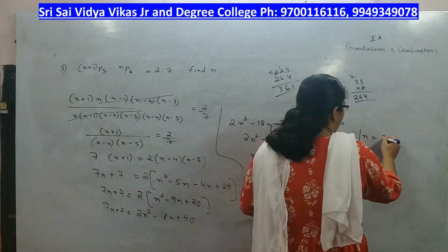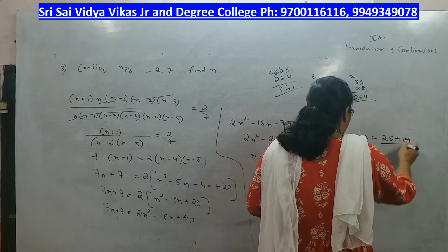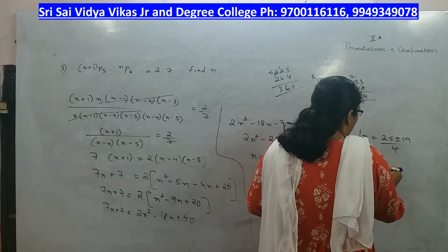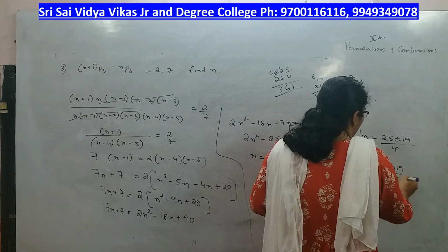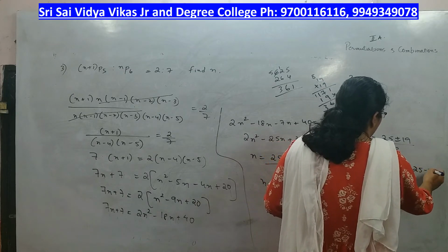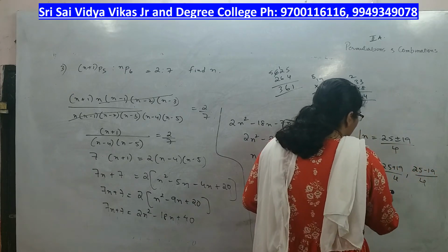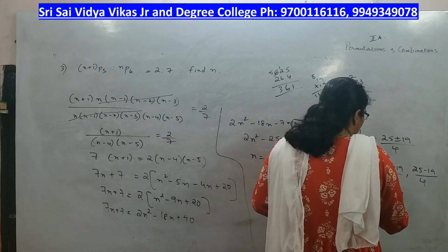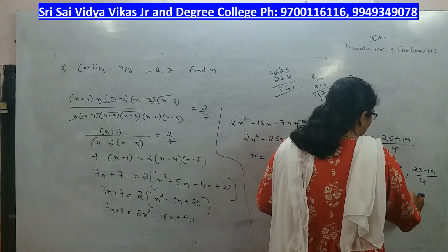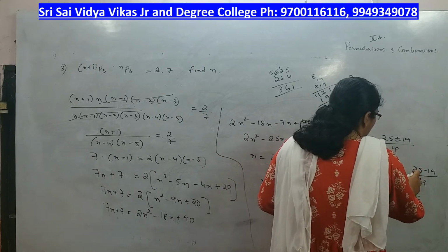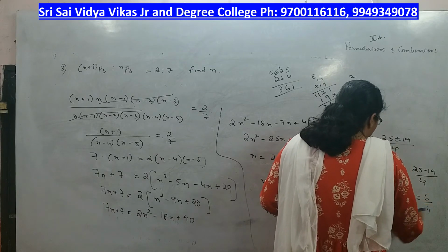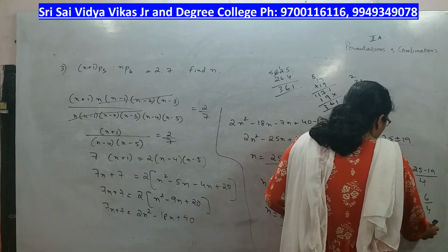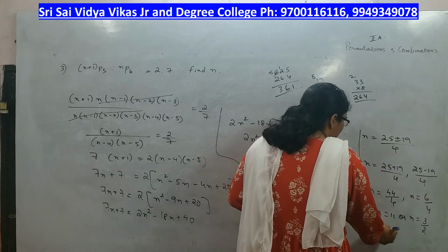So this is nothing but n is equal to 25 plus or minus 19 by 4. n is equal to 25 plus 19 by 4, comma, 25 minus 19 by 4. n is equal to 25 plus 19 is 44 by 4. n is equal to 6 by 4. n is equal to 11 or n is equal to 3 by 2. n cannot be a fraction, therefore n value is 11.